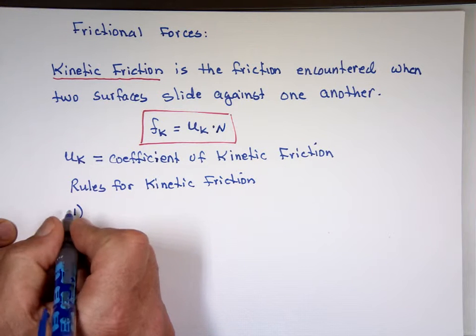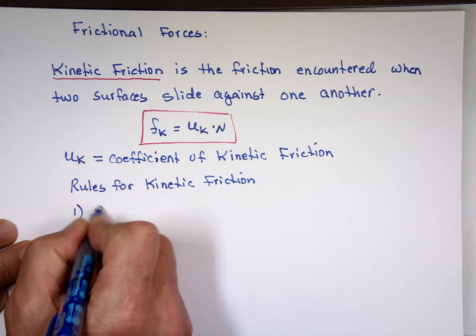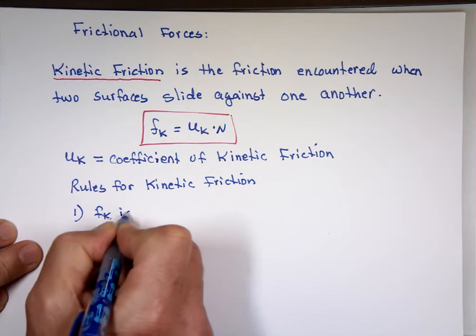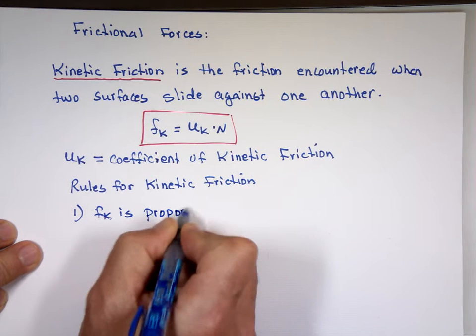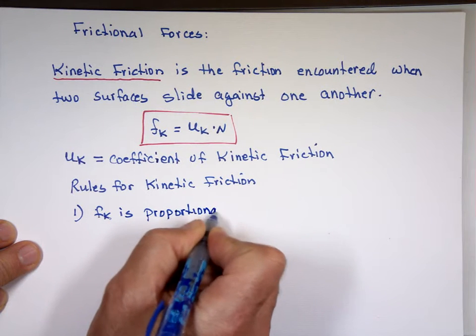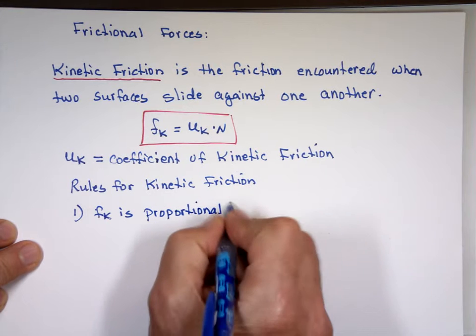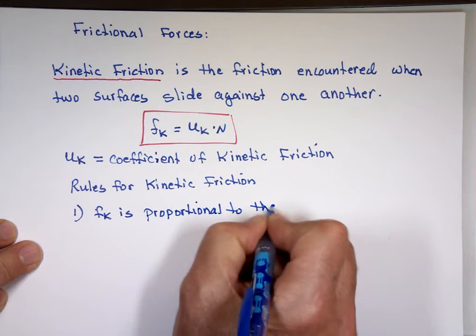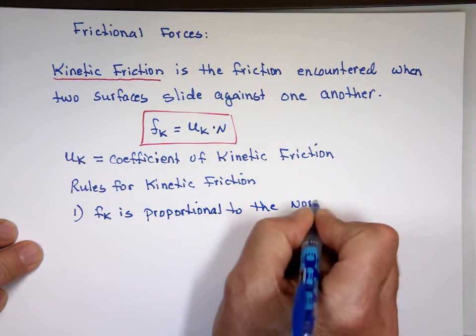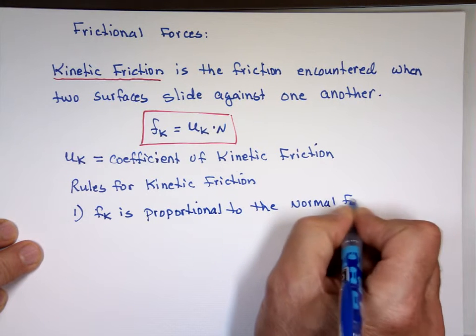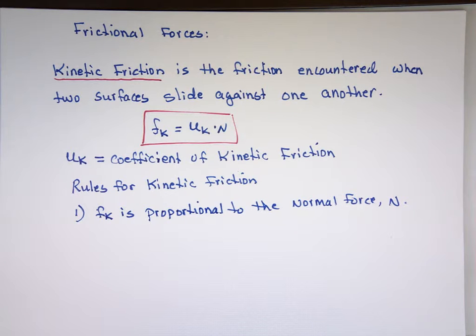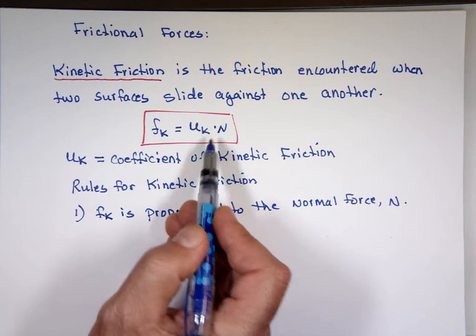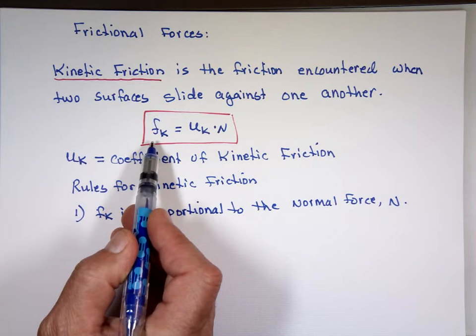The kinetic friction force, F of K, is proportional to the normal force N. Meaning, if the normal force increases, the kinetic friction will increase.